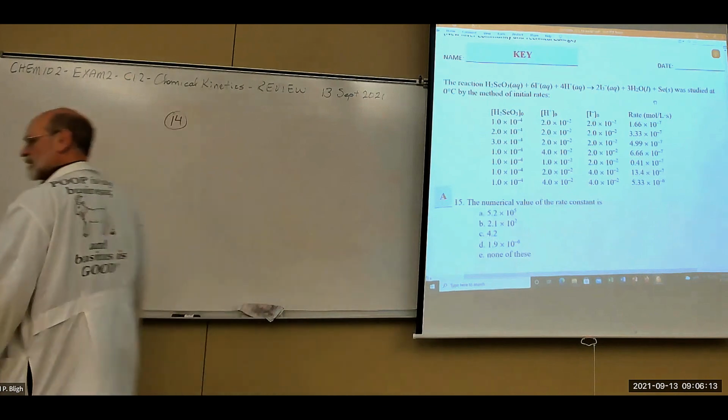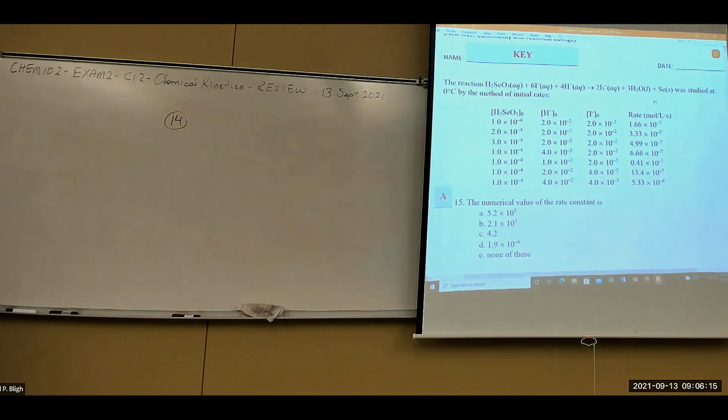Okay, let's see. What do I want to do next? 14, 15, we've done one like 15 before. Well, 15 does ask you to determine the value of the rate constant.